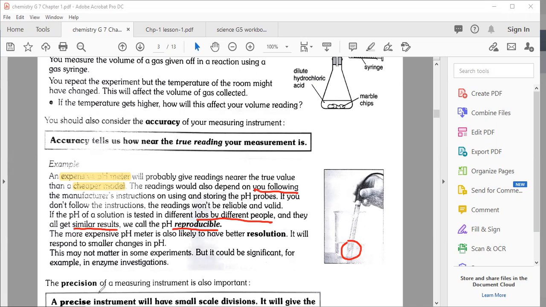What it means is that it should be 100% accurate, a correct reading, because we use an expensive pH meter and a person who follows all the instructions, and then you can go anywhere with the same solution and it gives you the same result. The more expensive pH meter is also likely to have better resolution.